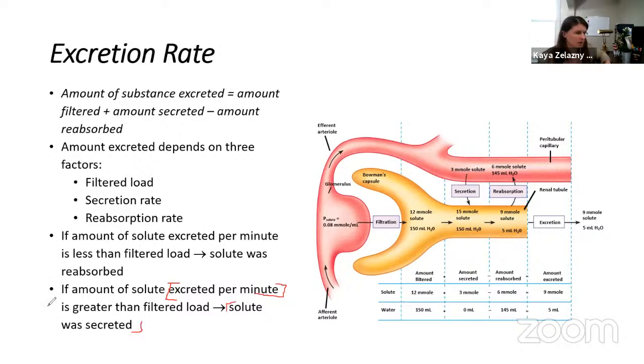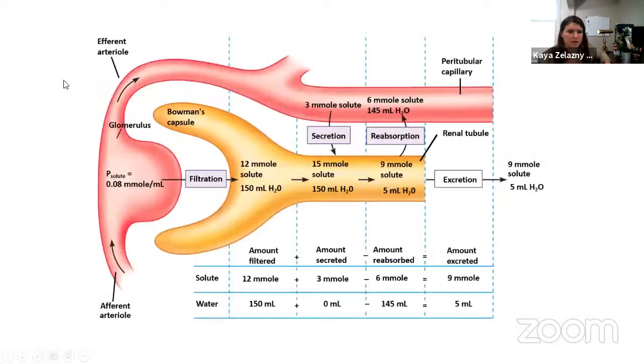Okay. So I think our next slide is a zoomed in picture of this stuff on the right. Here we can track what's happening exactly with some numbers. So here we see our solute. Let's say our solute is being filtered, so our filtered load is 12 millimoles.